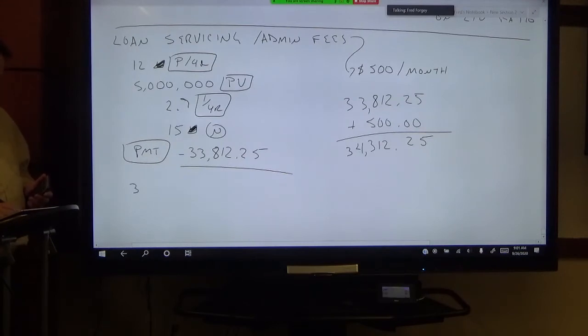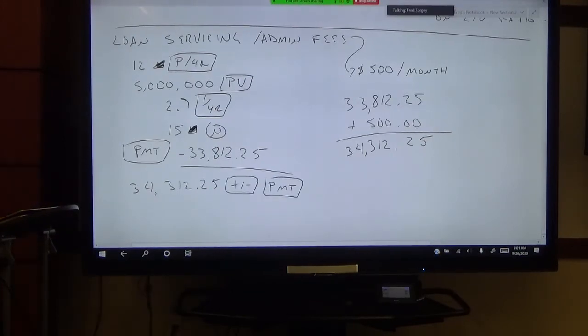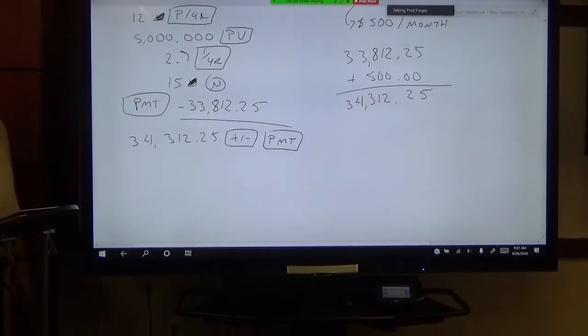So if we were to put in 34,312.25 as the new payment, and just simply said, okay, they're getting an extra $500 a month off of us just for that, what does that do to their overall rate of return?